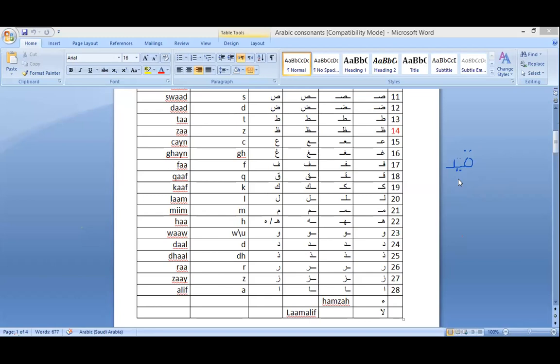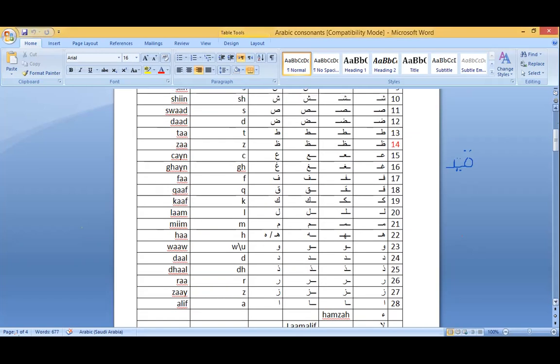Oh, Ted. Now, which letter is this one? T. What is T in Arabic? What is the letter that represents T in Arabic? Ta. Now, and this is? That's E. What is D in Arabic?